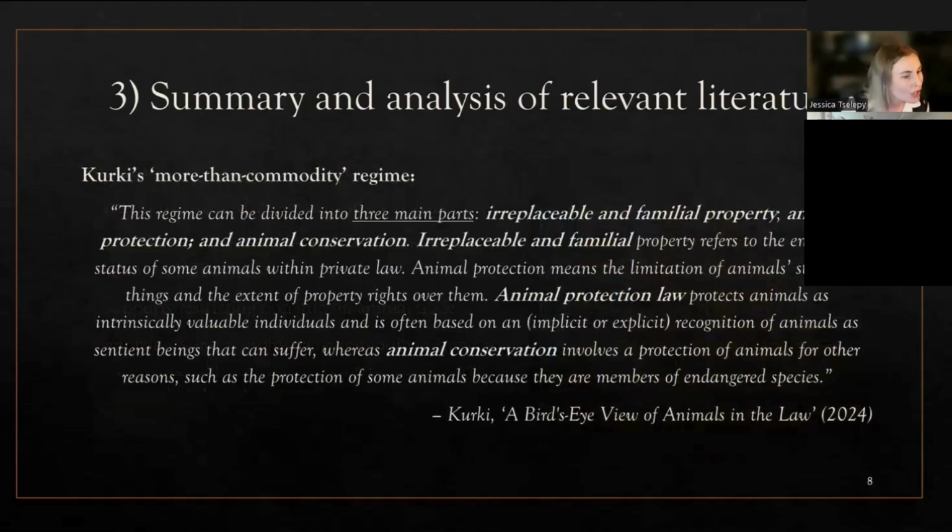So let's look more at what the more than commodity regime is as defined by Kirky, and this wonderful big old quote that I wanted to put in so that we have a good, adequate representation of the regime. So as you can see, it's divided into three main parts. We've got irreplaceable and familial property, animal protection, animal conservation. And I think we should work through this quote because it'll be pertinent to the points I make. Irreplaceable and familial property refers to the emerging status of some animals within private law.